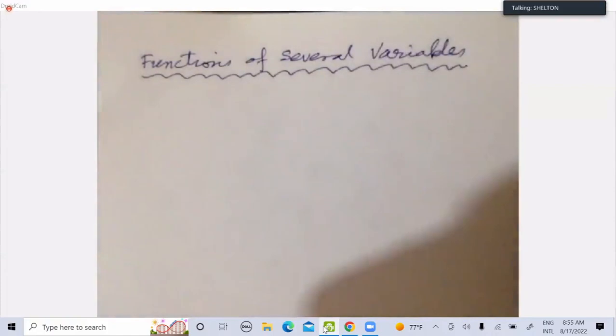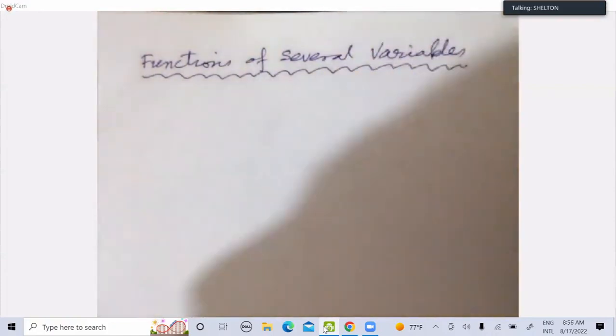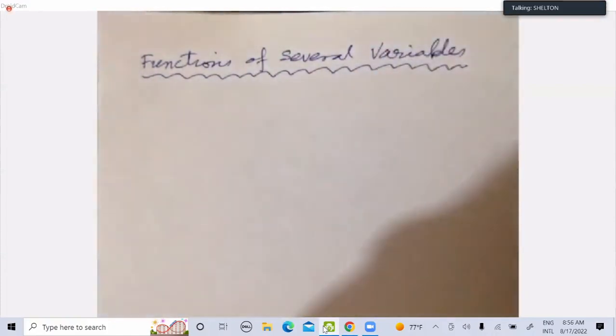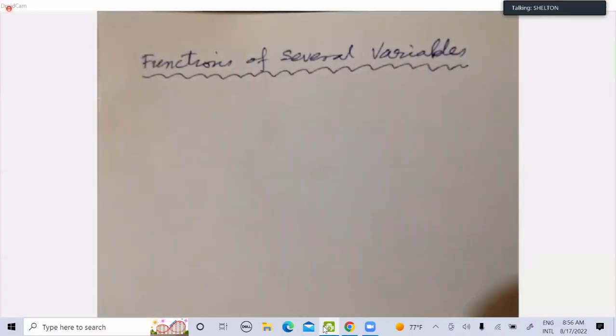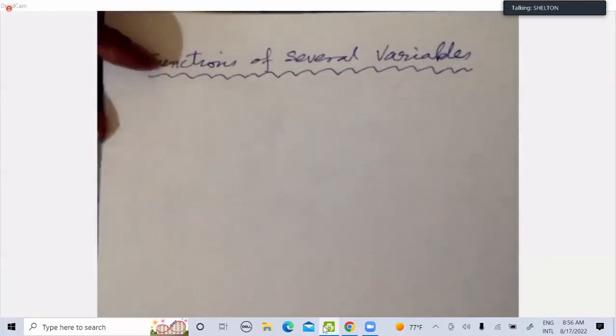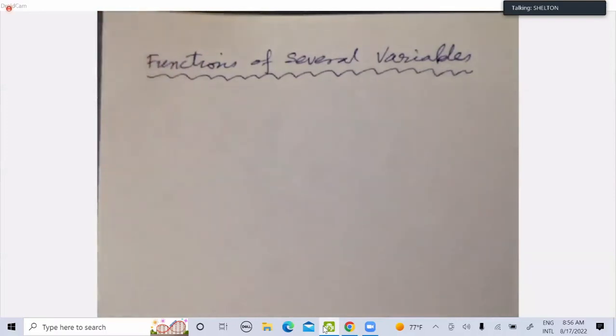We are going to find derivatives and integrals. Derivatives are called partial derivatives when it comes to several variables. Integrals are double integrals for two variables, and triple integrals for three variables. So we are going to cover that. Before we do that, we have to understand.